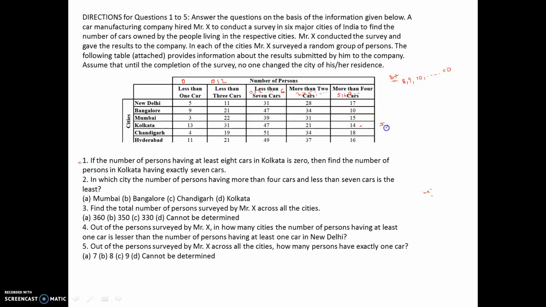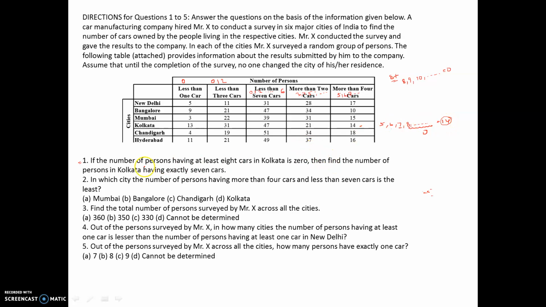So I'm saying 5, 6, 7, 8 and so on. This value was 14 altogether, but more than 8, this value becomes 0. So the number of people with 5 cars or 6 cars or 7 cars in Calcutta is 14, right? So 5 or 6 or 7 cars is 14. I hope you're understanding this.